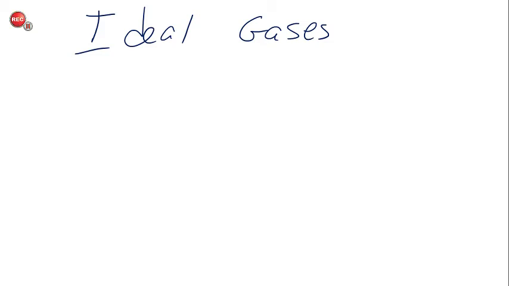Now, obviously, some of you haven't taken chemistry, so you have no idea what I'm talking about. Ideal gases are models for actual gases. They're ways of modeling air, modeling things that are not liquids and not solids.